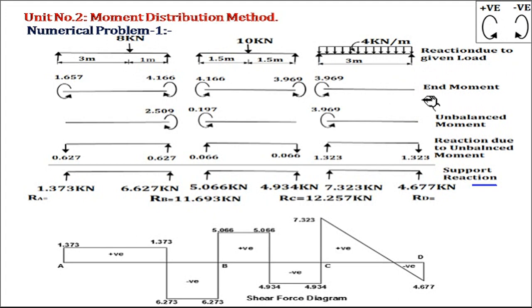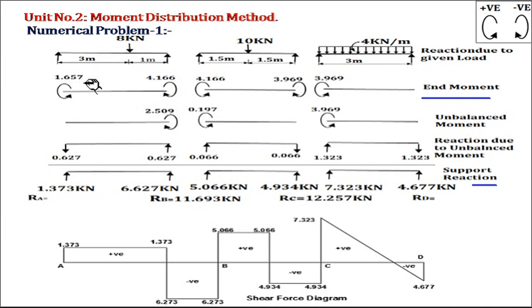So these were the end moments in different members of the continuous beam ABCD. Now from these end moments you have to find the unbalanced moment. That means you have to take the difference. As this is acting in anti-clockwise direction, it is plus 1.657. As the moment in member BA is acting in clockwise direction, it is minus.